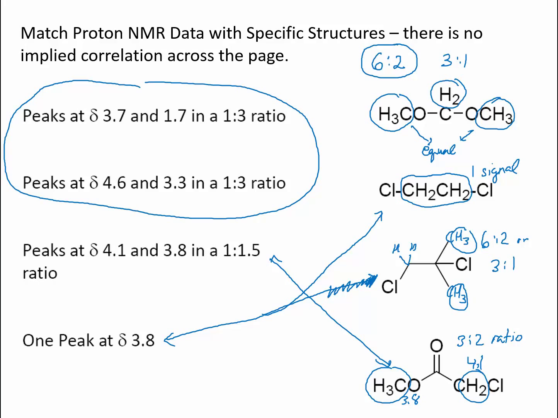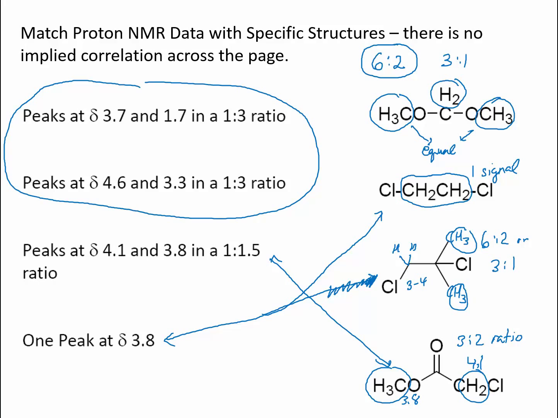Now we have these other two molecules. These two hydrogens are on the same carbon as a chlorine, so we expect this one to be at about 3 to 4 parts per million.